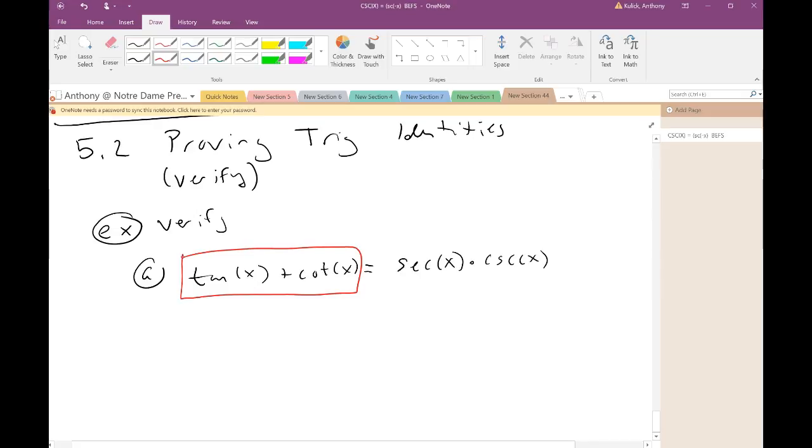Okay? Who has an idea of what we should do first? Put them in terms of secants and cosecants. Okay, sure. So tangent is, I think, secant over cosecant. Am I correct there? I have to look at my sheet here. Yes, okay.